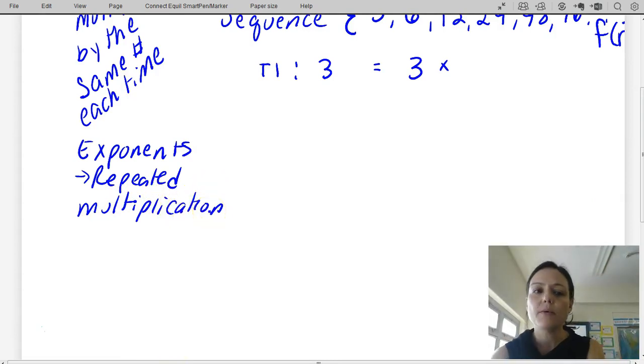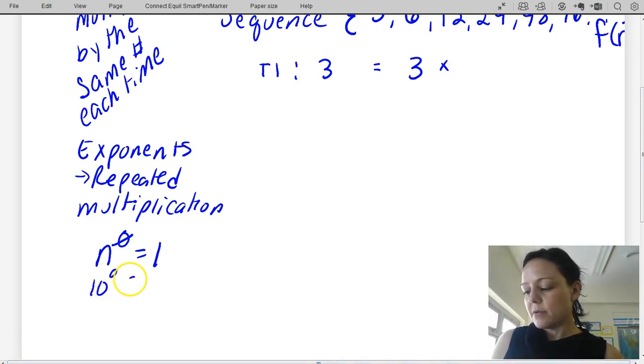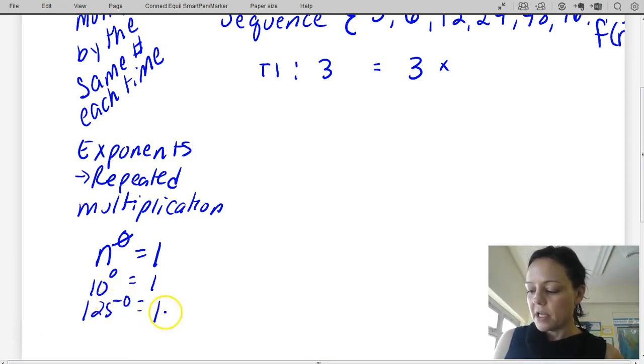So how can I write an exponent that's going to give me a 1 back? Here's what I also want you to remember, and you're going to need this for the rest of your lives in math: any number to the 0 power is equal to 1. So 10 to the 0 power is 1. 125 to the 0 power is 1.